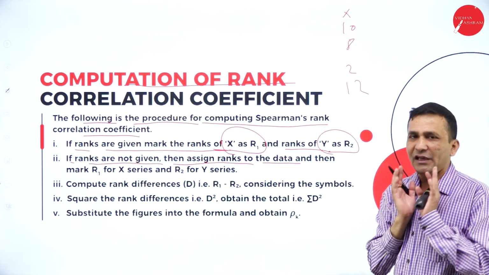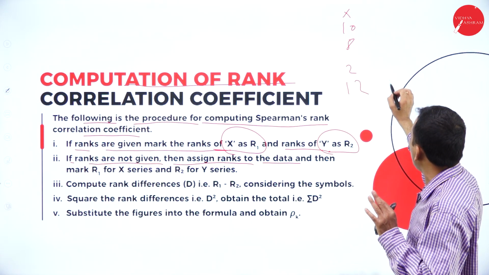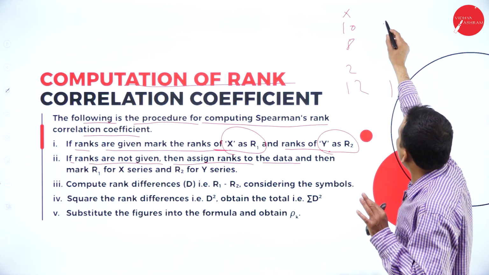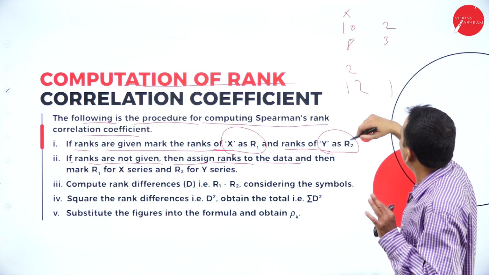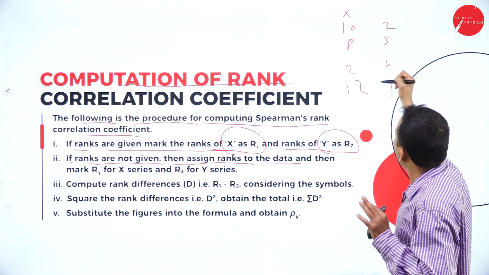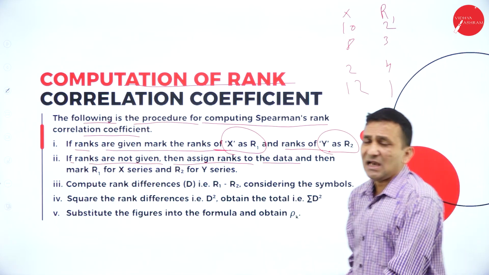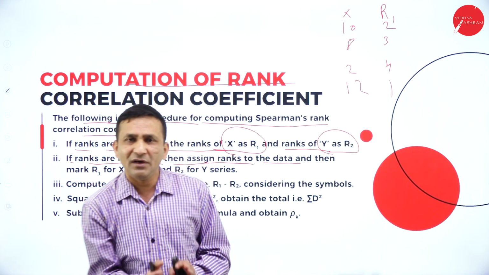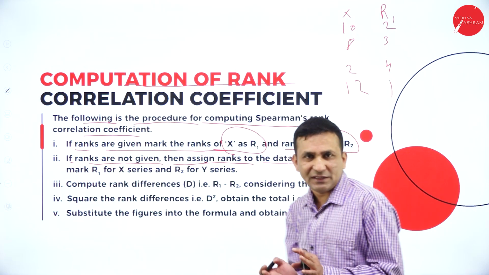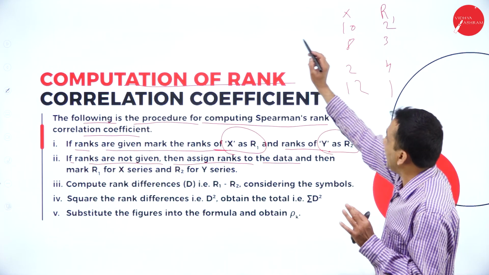Seeing the data, we decide the first rank goes to the largest number, second rank to the next, third rank 4, and the last rank 4th. This is how we give ranks. Sometimes in the question they give ranks directly, and we can find D. How are we finding D?